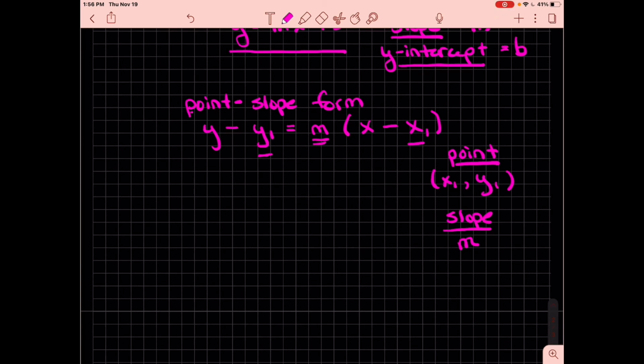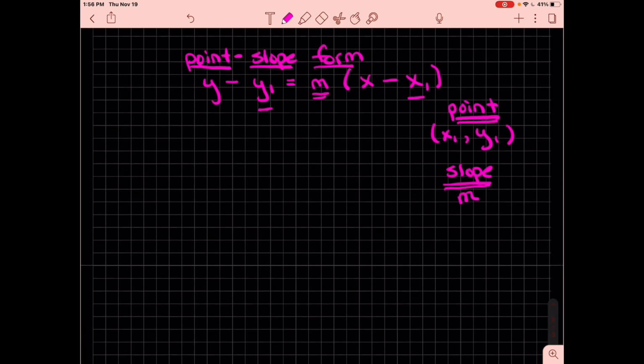So that's why we call it the point slope form, because we can see a point and we can see the slope. And that's especially useful. My favorite use for it is just when you're given a point and a slope and you're asked to make an equation. You don't have to do the plugging in and solving for b. You can just plug the numbers into this form, keep it in this form and use it, or rearrange it to be whatever you're asked for.